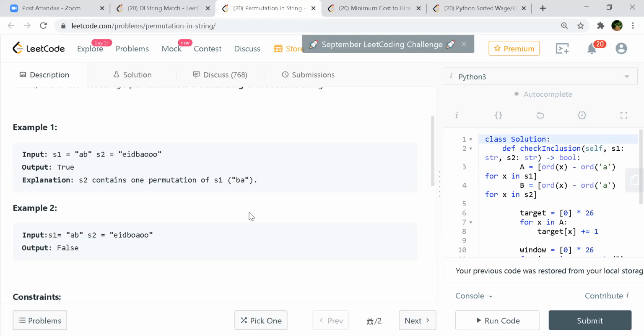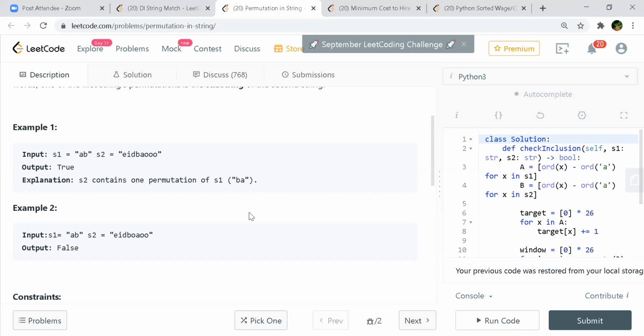Yeah, that is what the previous approach was, right? But whenever you have a particular window, you will be comparing it with the other string. So every time we'll be comparing two hash maps. So I think that would not be completely linear, but this is a good approach.